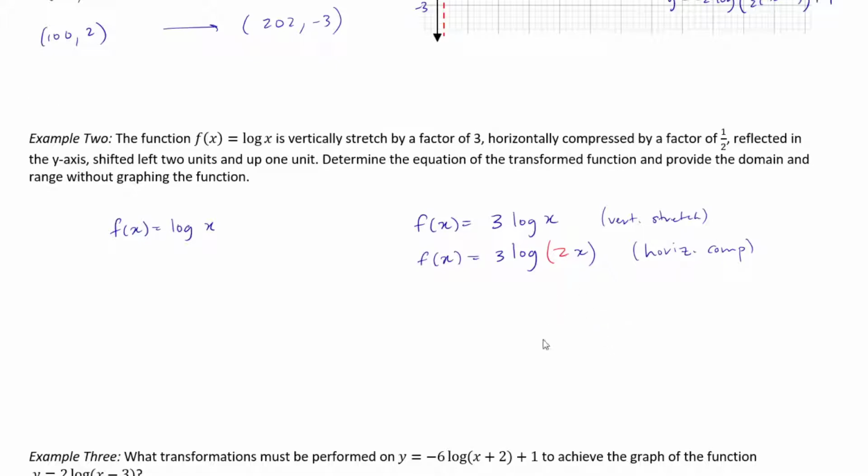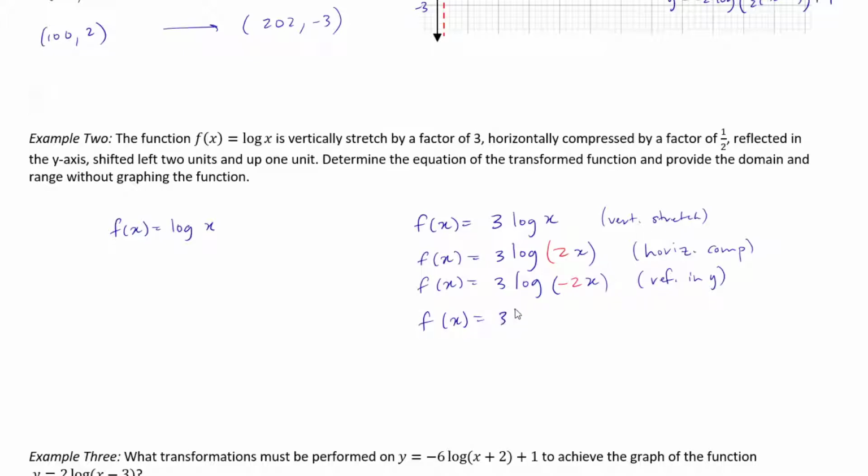Reflected in the y-axis, so that's got to be negative 2. If it's reflected in the y, the negative is inside the bracket, so I'll have right here negative 2x. That's reflection in y. And then it says shifted left 2 units and up 1 unit. Okay, so I'm going to do my shifts all together.